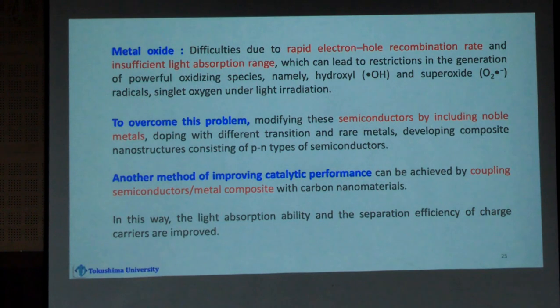Carbon nanomaterial or two-dimensional material. So, the idea of using the ternary composite may overcome these disadvantages. So, in this way, we can enhance this light absorption ability and separation of charge, or we can decrease the electron hole recombination rate.